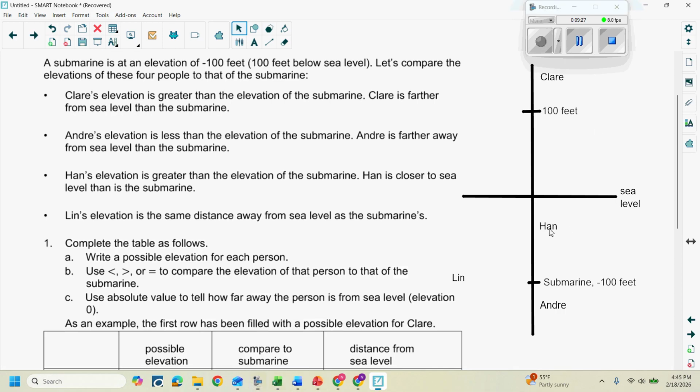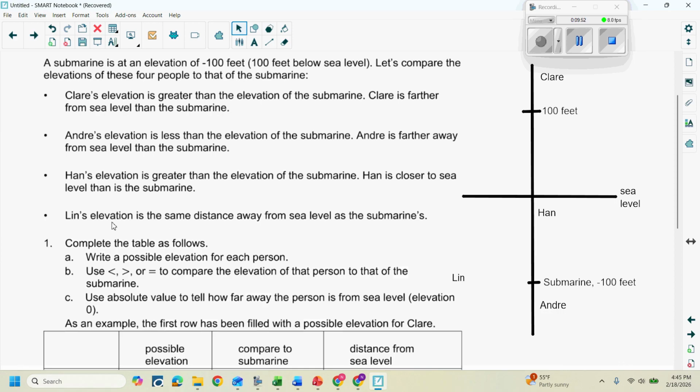Okay, so Han can be above 0 or below 0, but it's got to be less than 100 on either side, since they're closer to sea level. So it's got to be less than 100 so that the distance to sea level is less than 100.